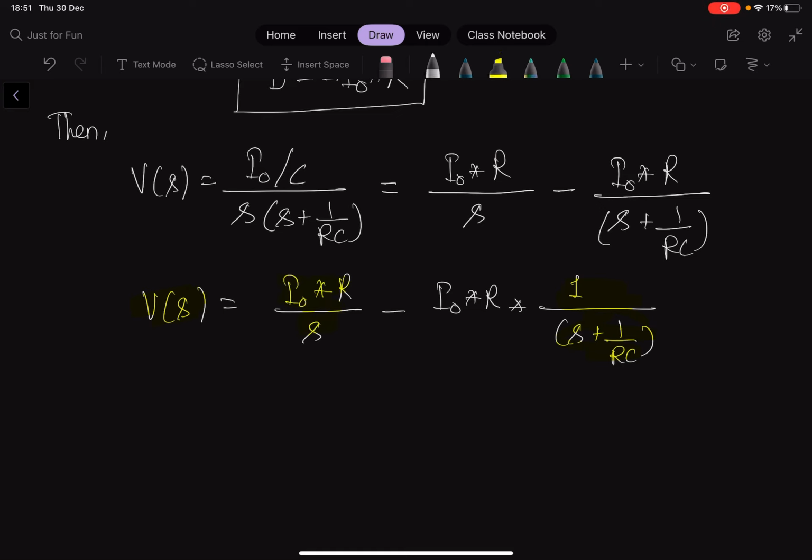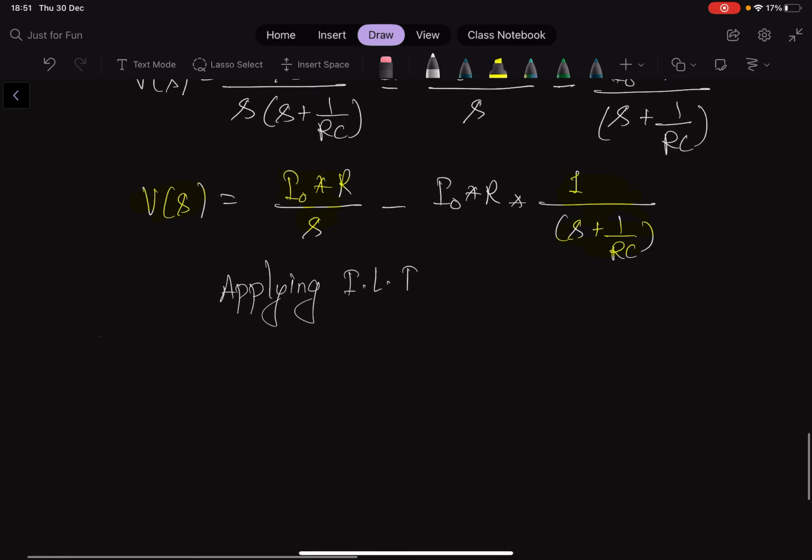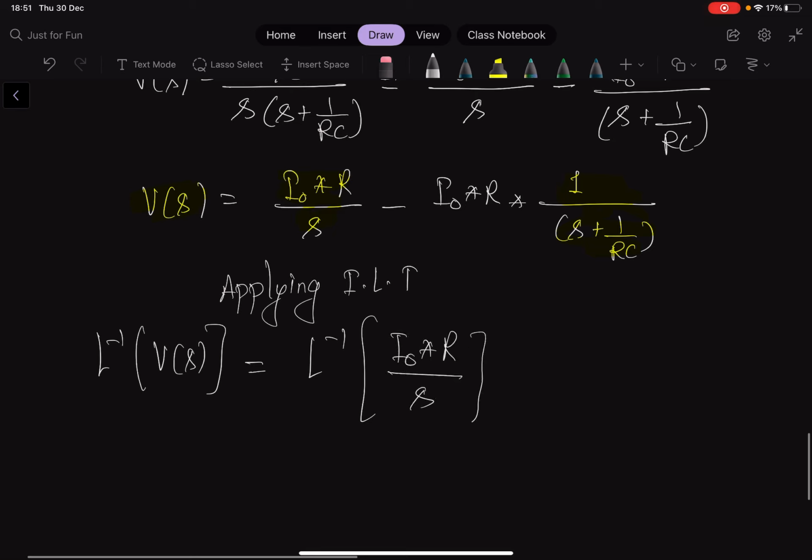So now let's say applying inverse Laplace transform. We will say L inverse Vs equals L inverse of constant over s minus, let's take that constant outside, and let's apply inverse of 1 over s plus 1 over RC.